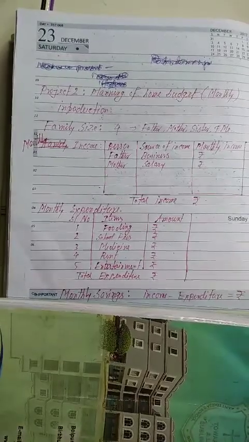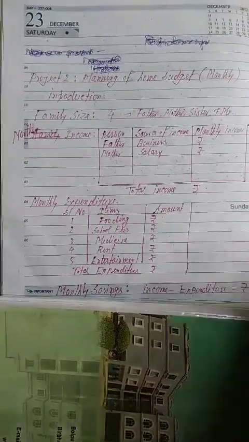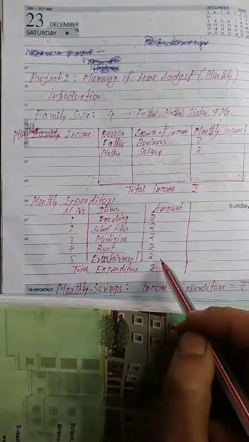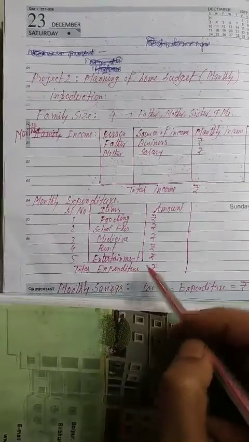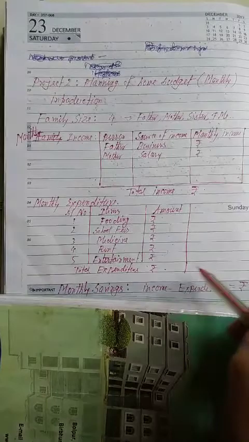Whatever your expenditure is, you write as many as you can with the corresponding amounts, and at the end of the table you will write the total expenditure, adding all the amounts, and you will get the total expenditure.